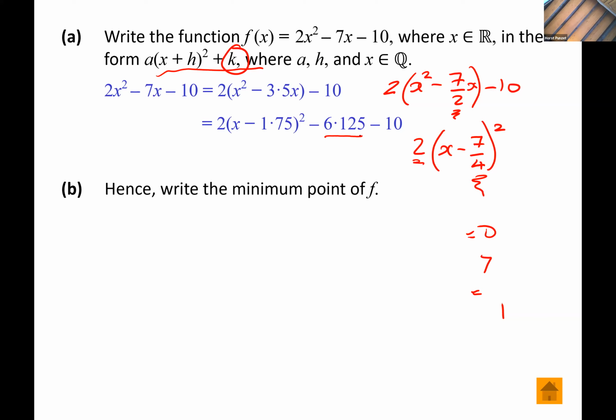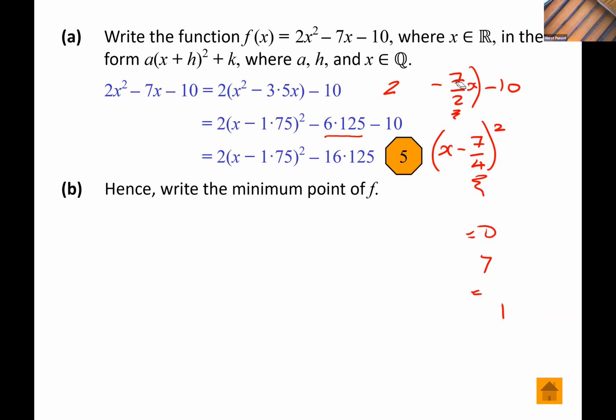We have to adjust what we've added; we can't just merely add something. So we have to adjust it by subtracting whatever that value is. 1.75 squared multiplied by 2 is 6.125. And when we add that to the 10, which was there originally, it will give us 16.125.